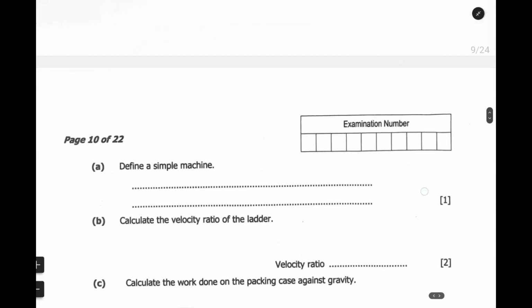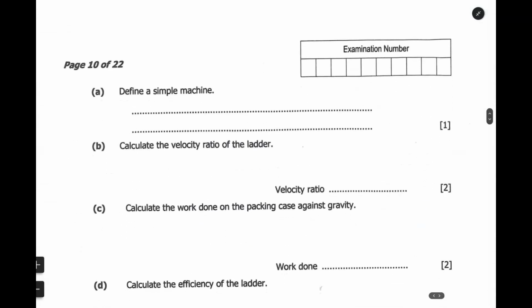Take note of that. Define a simple machine. So a simple machine, you can define it as the device that makes work easy.